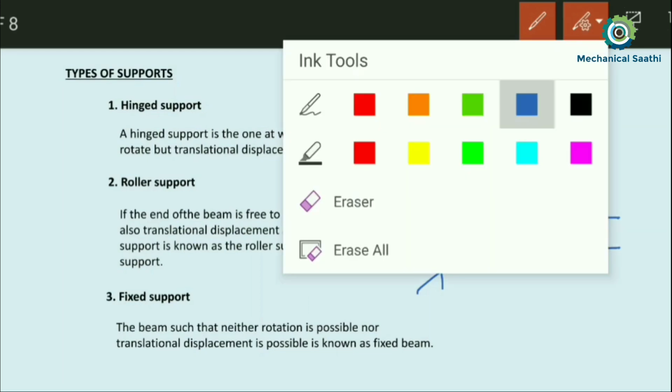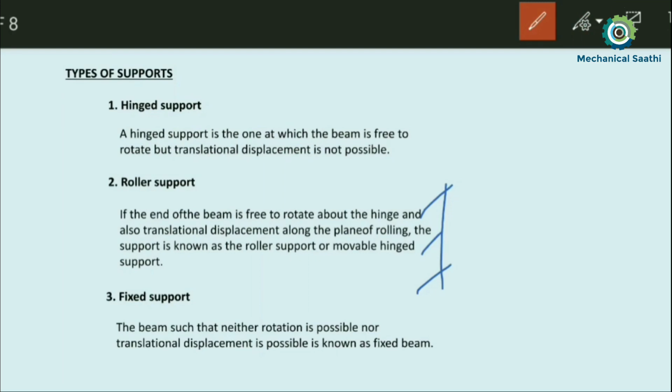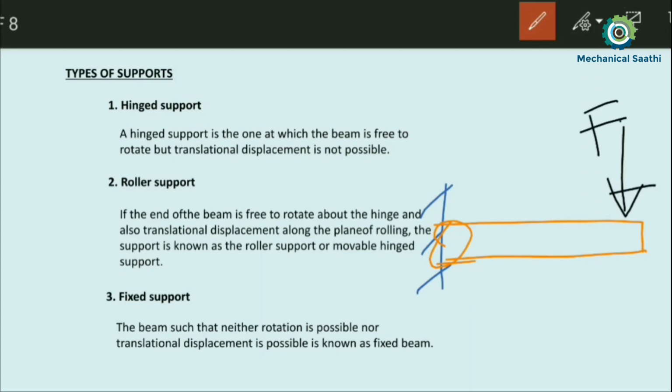So let me use another color for drawing the structural member. Let this be the structural member, and it is fixed at this point. Then if we apply some external forces, let this be Fy and this be Fx. Due to these forces, we will have reactions over here.